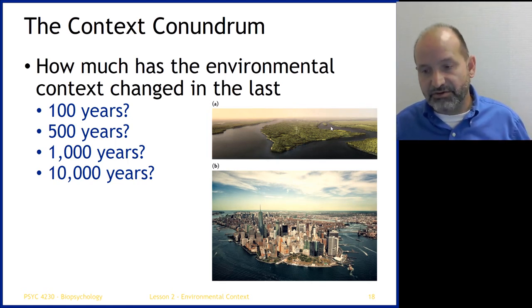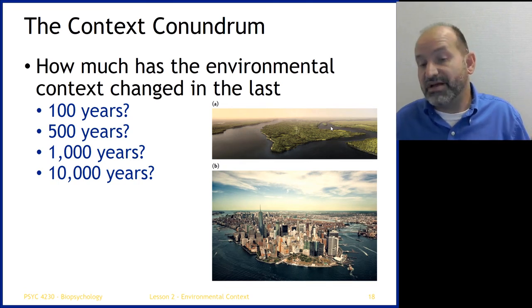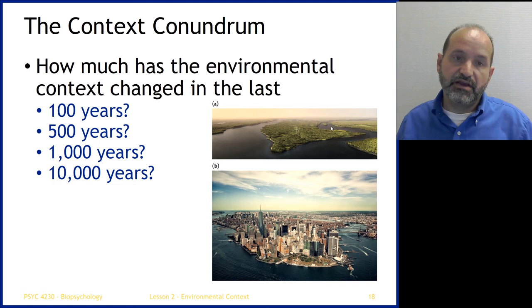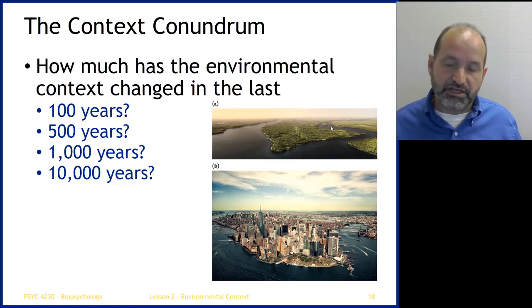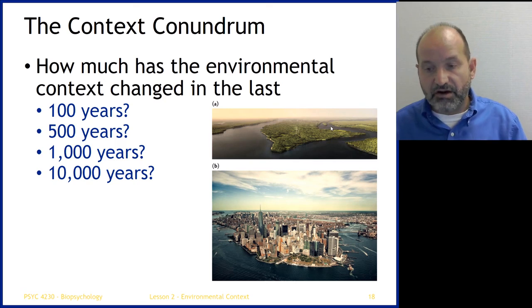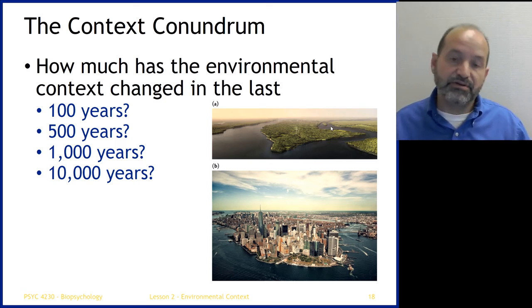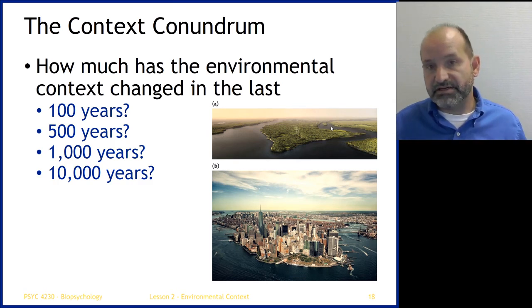What about the last 100 years, the last 500 years, the last 1,000 years, the last 10,000 years in which our species has been on this planet? How much has the environmental context changed? How does our current behavior line up with those evolutionary contexts, those environmental contexts?